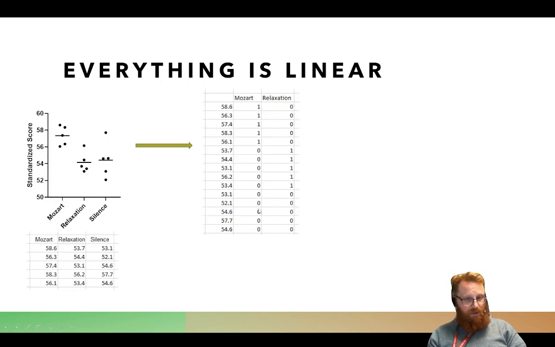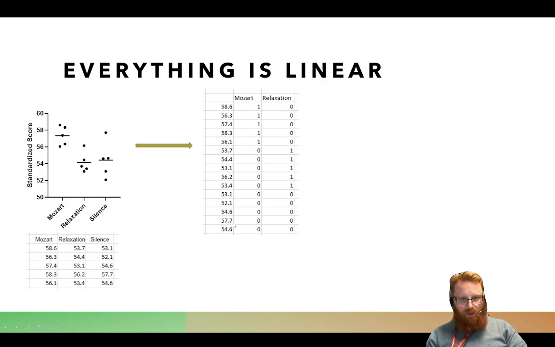You could do the same thing for the ANOVA case. Here is our ANOVA data. Here it is in the wide form, here it is in the long form, where we have 1 for the Mozart data. Here you can see it's the 58, the 56, the 57, there they are. Here's listening to relaxation. There's the 1 there, 53, 54, 53.